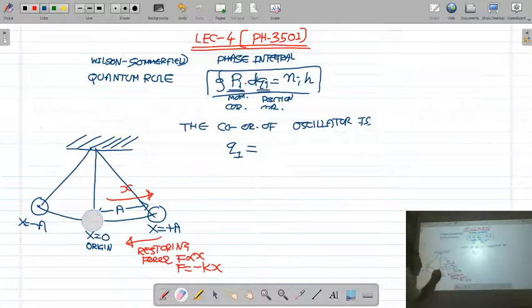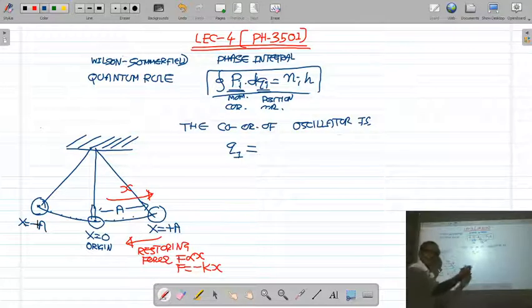When the oscillator is at the equilibrium position, the x coordinate is 0. When it goes on the right hand side, its x coordinate increases, +1, +2, +3, +4, +5 like that. When the oscillator moves on the left side, the x coordinate will be negative, -1, -2, -3, -4, -5 like that.